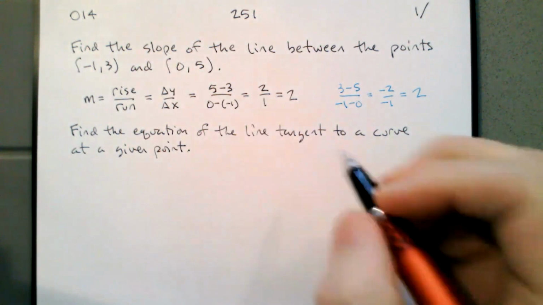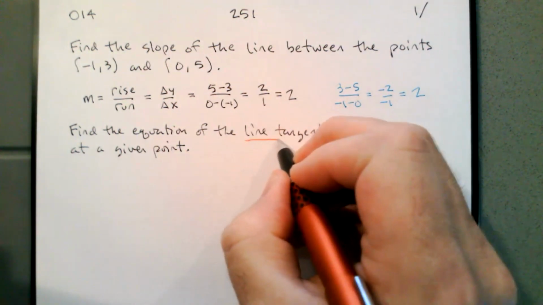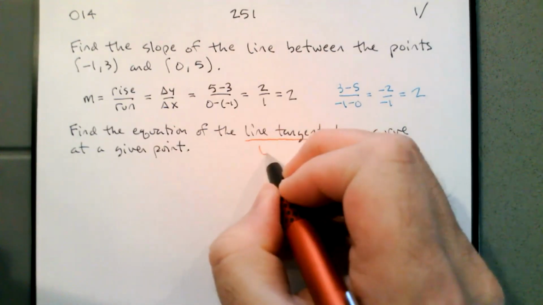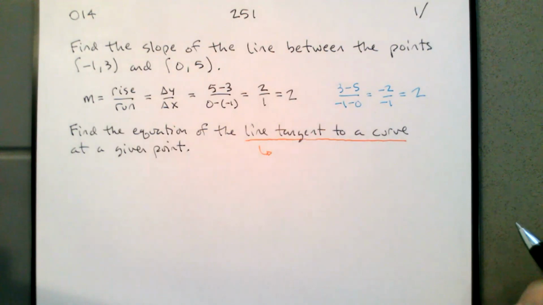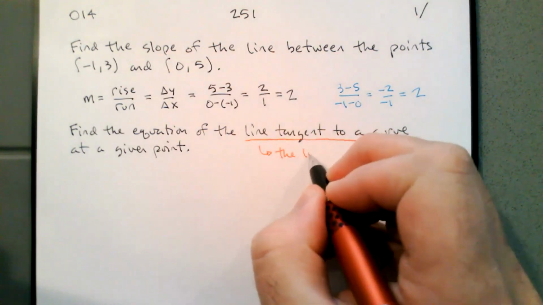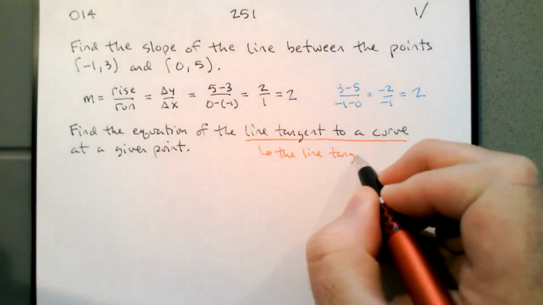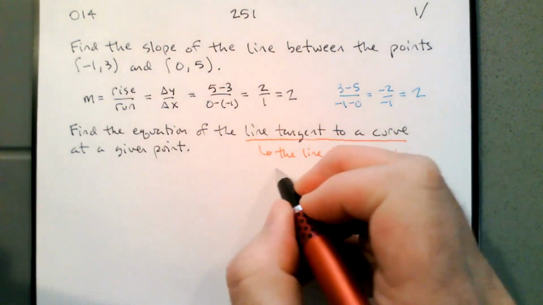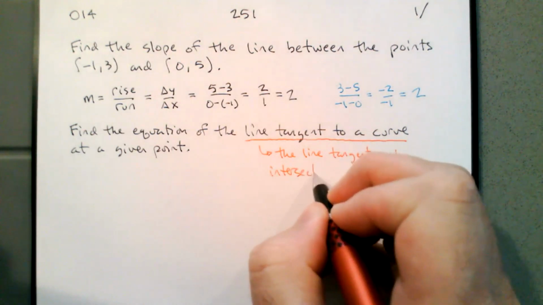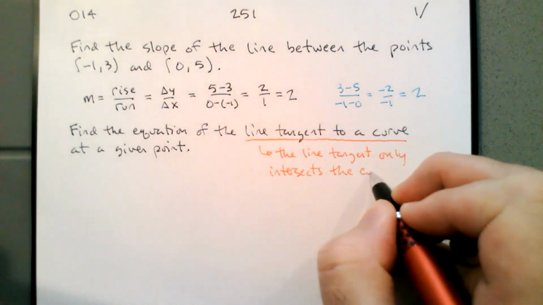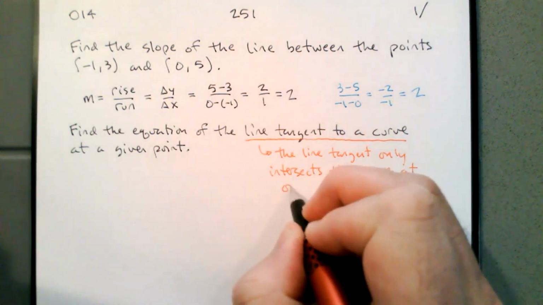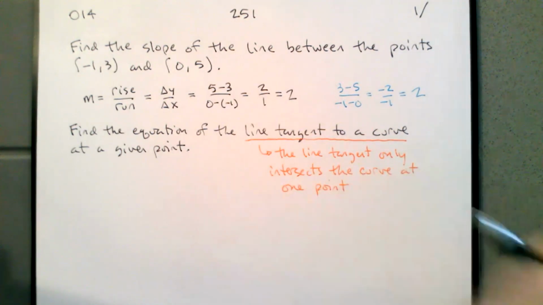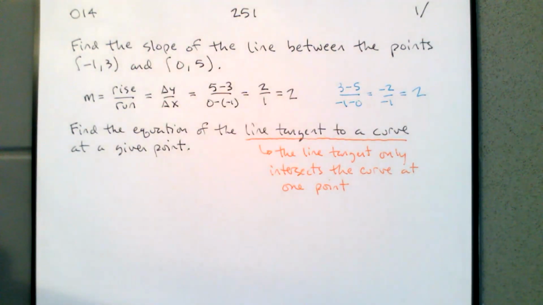So the line tangent to the curve only intersects the curve at one point. But we need 2 points to calculate a slope. Otherwise, we just end up with 0 over 0.